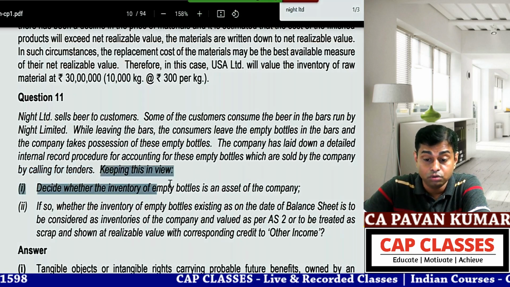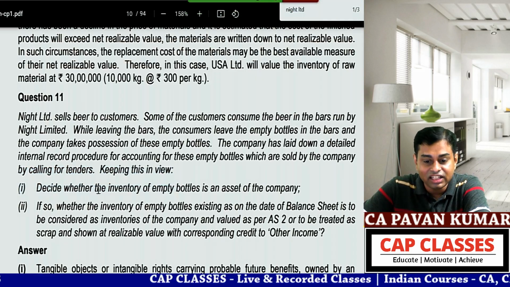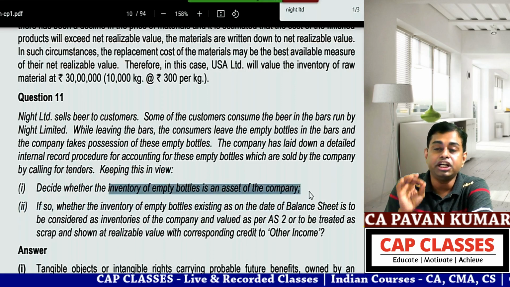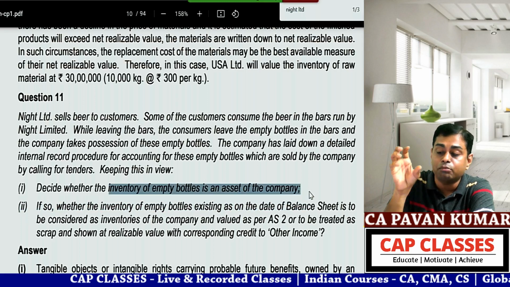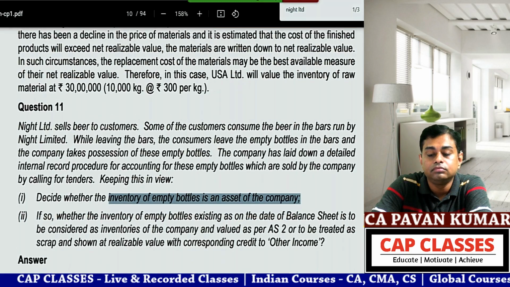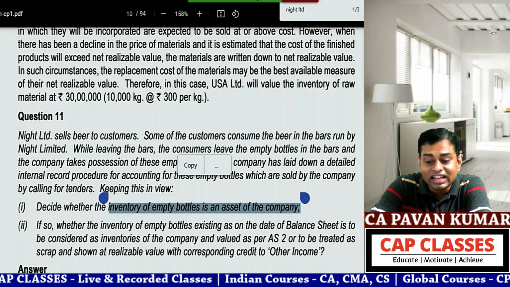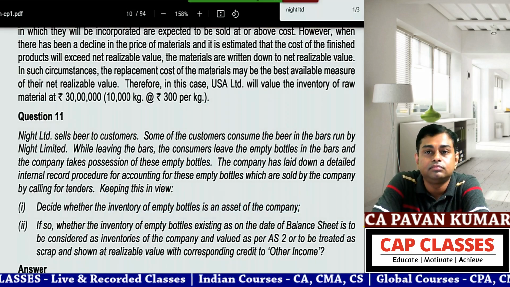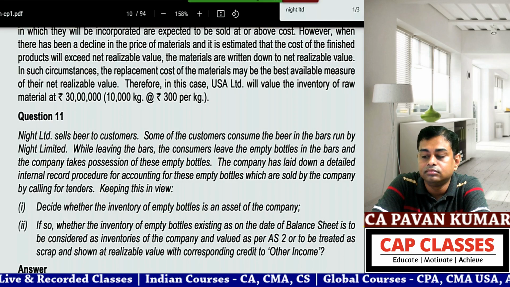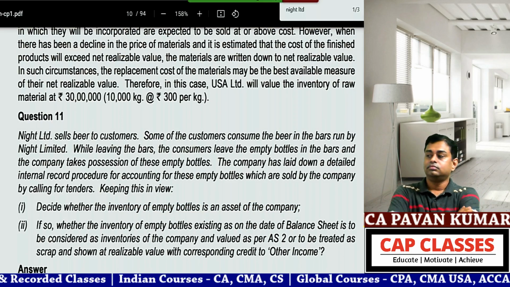Keeping this in view, decide whether the inventory of empty bottles is an asset to the company. On the balance sheet, you have 10,000 empty beer bottles in your hand on the date of balance sheet. Okay. Is it an asset to the company? Guys, tell me the answer. Super question now.